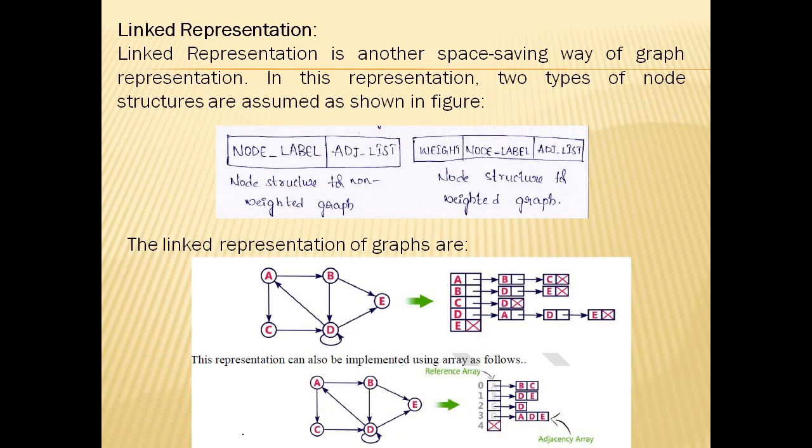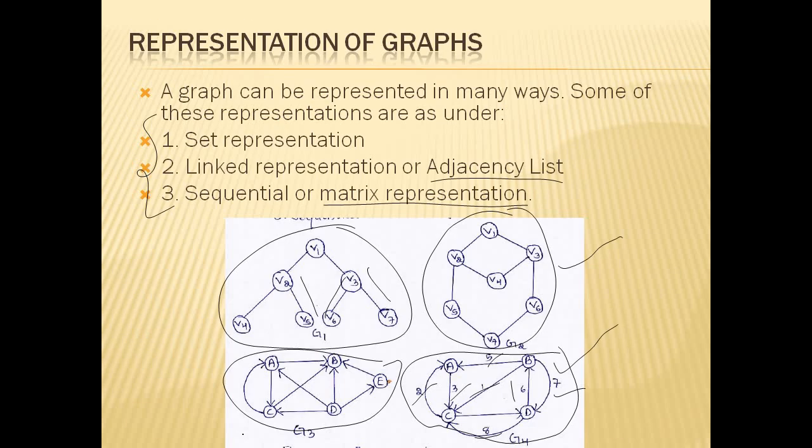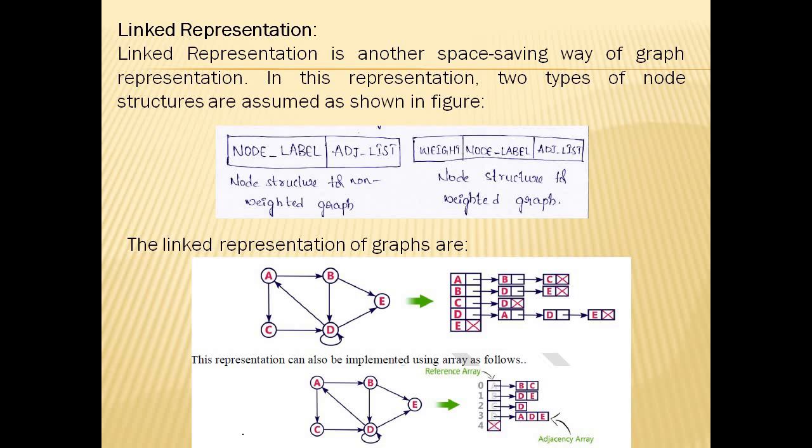Another one is called linked representation, or else we call it an adjacency list. Linked representation is another space-saving way of graph representation. In this representation, we have two types of node structures.